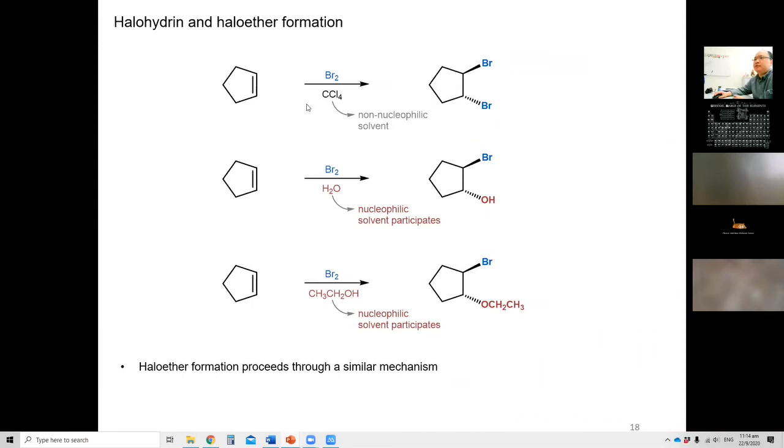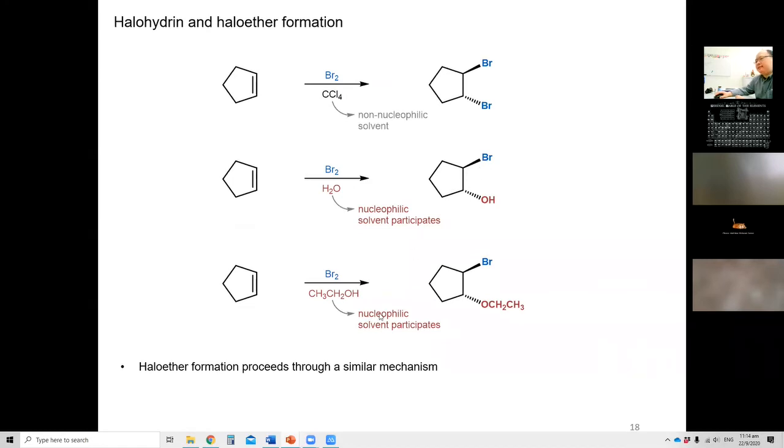As it proceeds through similar reactions, you really need to pay attention to the solvent in every reaction we write. So if we write an organic non-nucleophilic solvent, it will give us a dihalogen formation, like the trans addition here. But if we use a nucleophilic solvent, like water, it will participate in the reaction to intercept the dihalogen addition and give this halohydrin formation here.